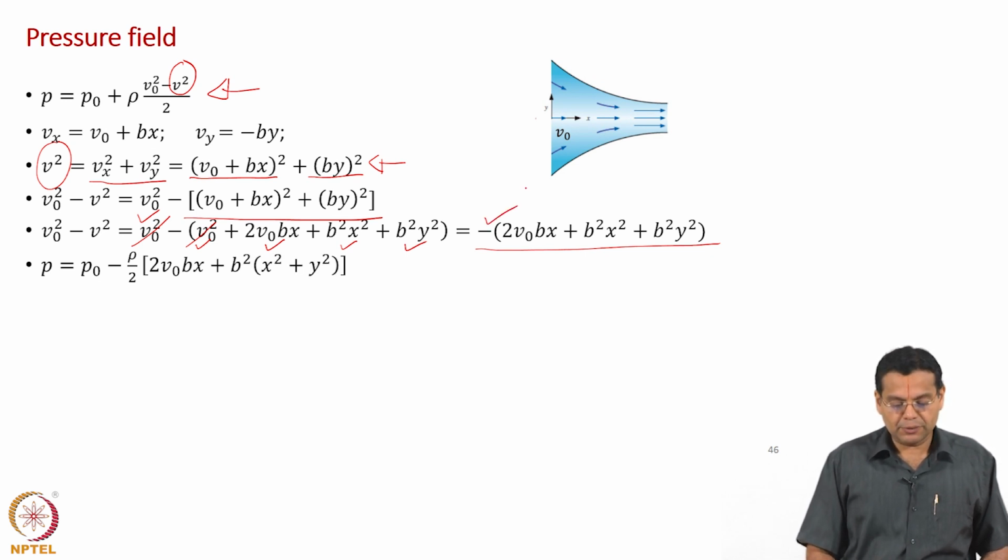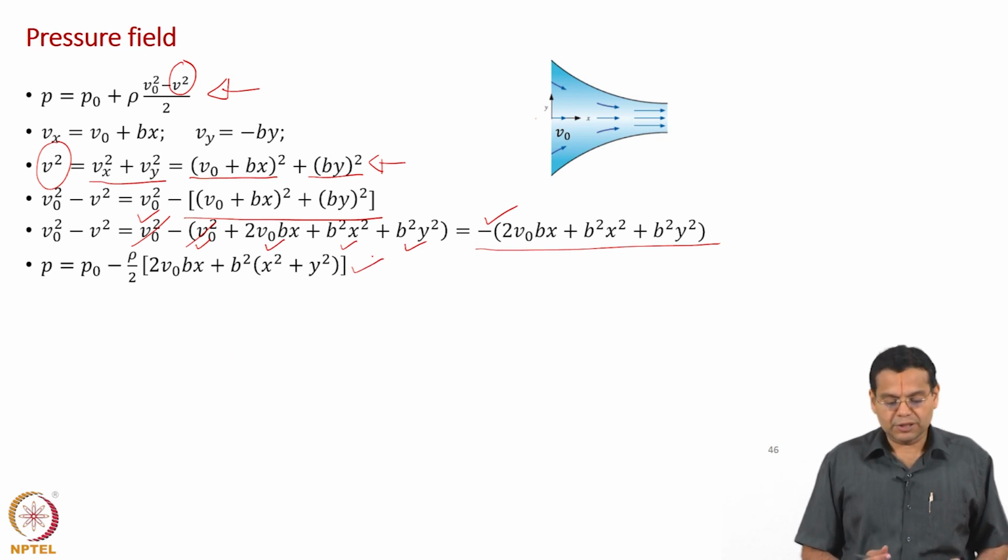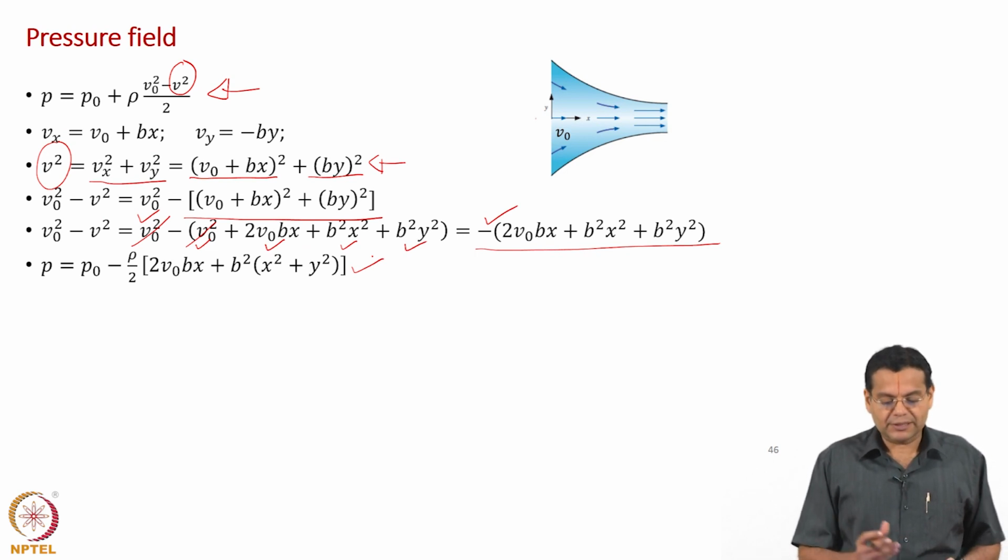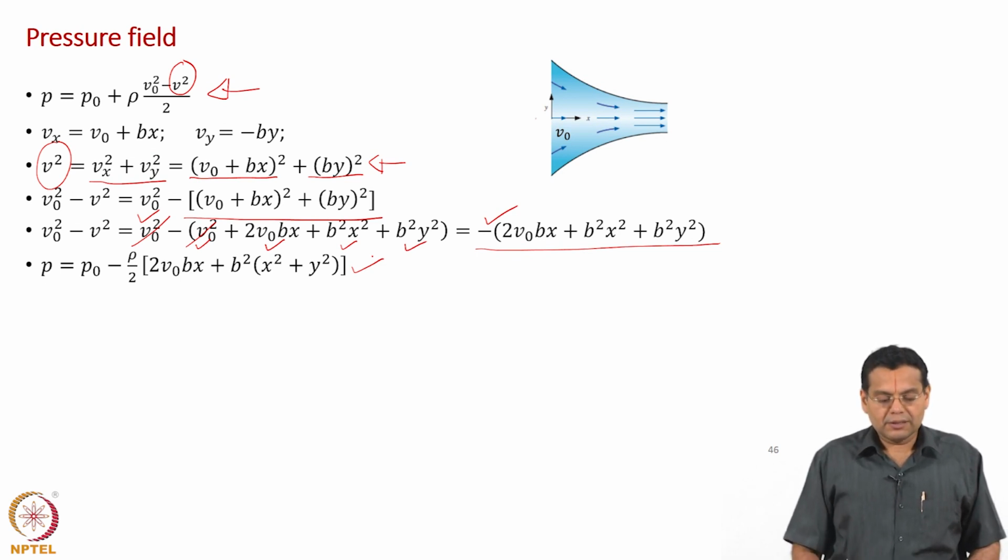So, minus rho by 2 into 2 V naught B x plus B squared into x squared plus y squared. So, this way becomes much simpler. We can straight away apply the Bernoulli's equation to find out the pressure field. Okay. Of course, it is the same expression which I obtained from the Euler equation, which was a little more involved, and this is much simpler. So, two different ways.